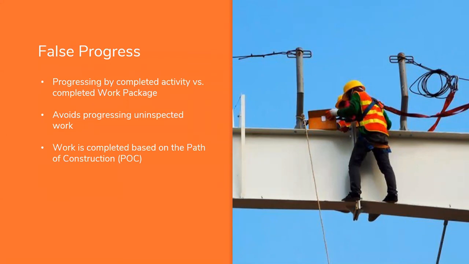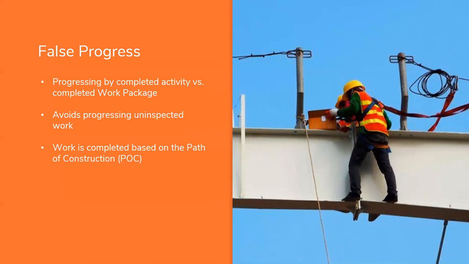And then finally, we've determined the path of construction. That's the optimal way of building this. Well, we want to make sure that all the work that we're doing is on that path of construction. In other words, we want to make sure that we're on our critical path. And if there's work that is not being done as per the path of construction, we may be getting productivity, but the productivity may not result in a lower total installed cost.